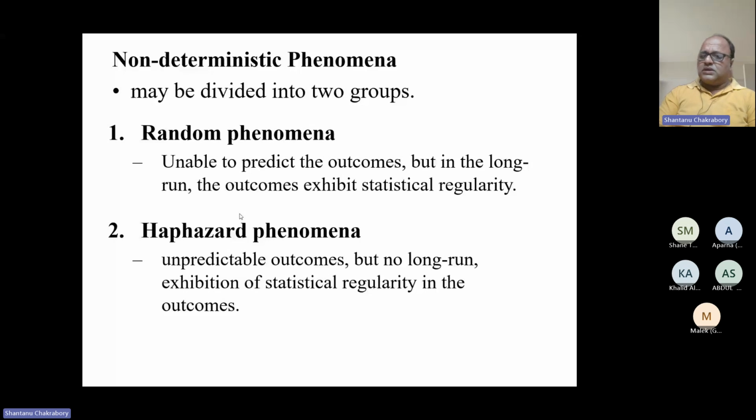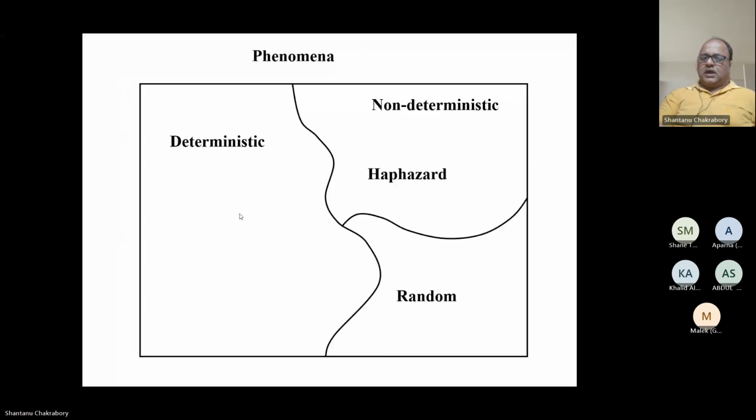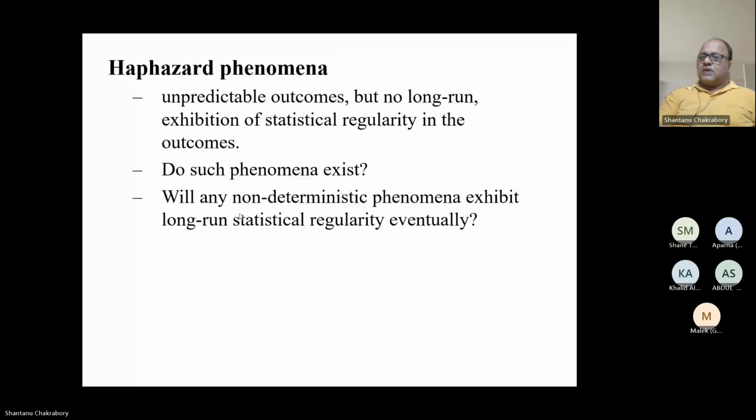So this is how a phenomenon can be deterministic or non-deterministic. In non-deterministic, we can have a haphazard phenomenon or a random phenomenon, right? In the long run, it exhibits statistical regularity in the outcome.